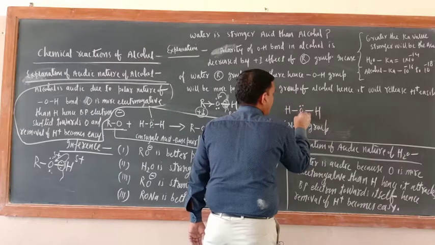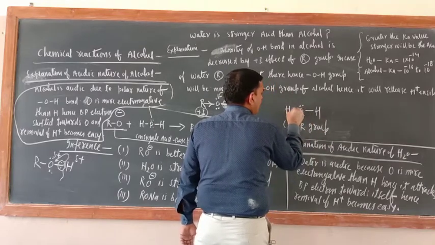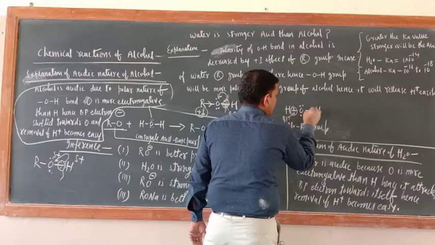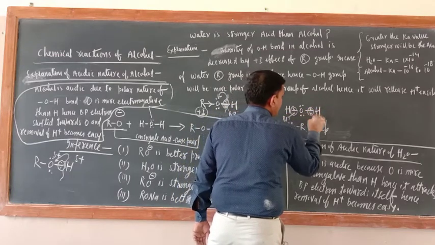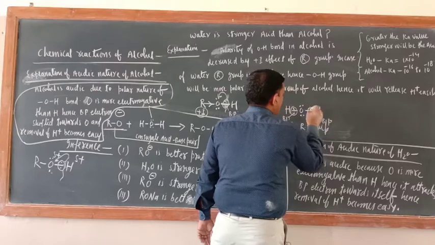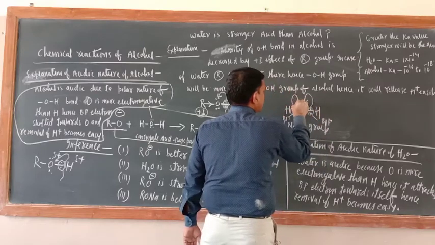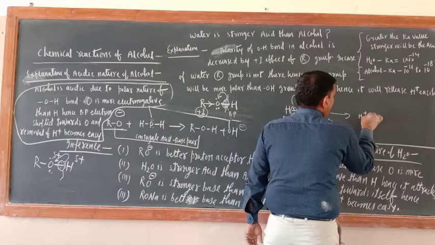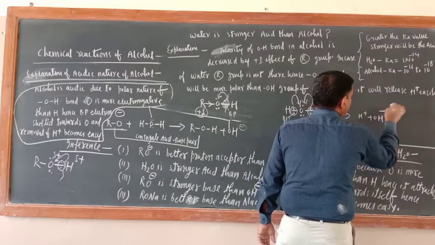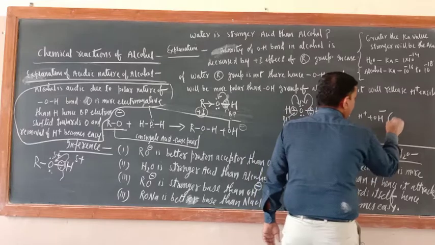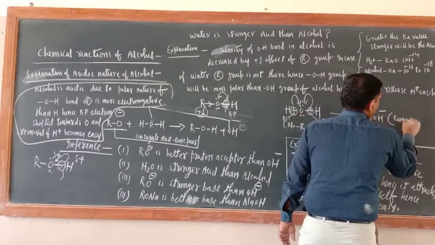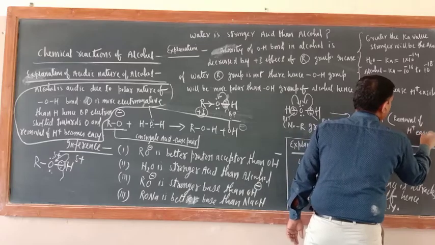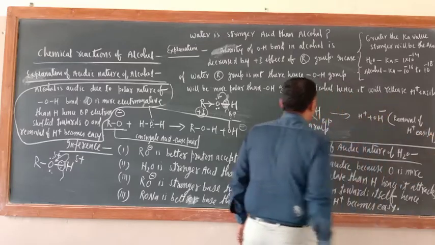So now what will oxygen do? Whatever the bond pair electrons are, this is a bond pair electron or not? BP. This side also a bond pair electron is there. What is this one? BP. So now oxygen will attract these electrons towards itself. Then the removal of H positive will be easy. Here the removal of H positive is easy compared to alcohol.